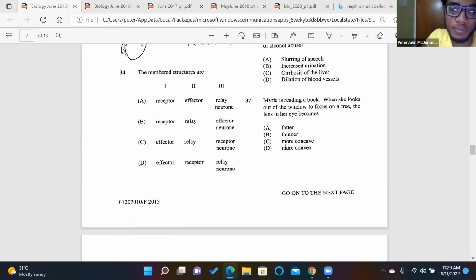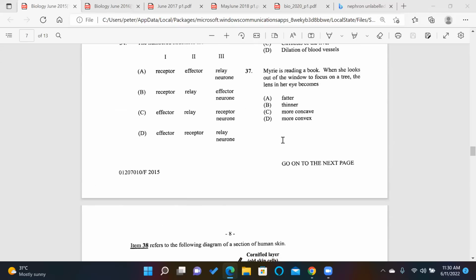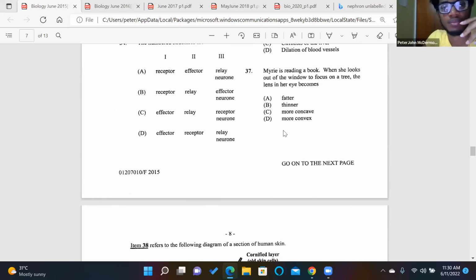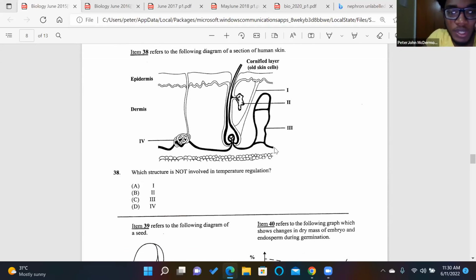Fatter or thinner. So you guys said B? Yeah, I think it's B. The lens gets thinner to focus on farther objects, and it gets wider to focus on near objects.